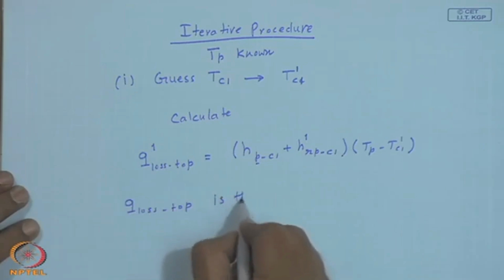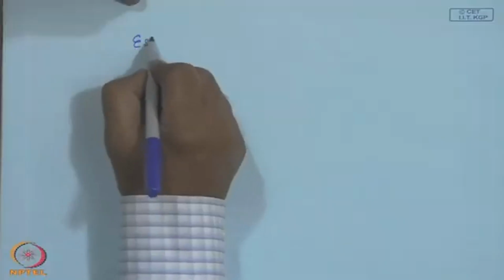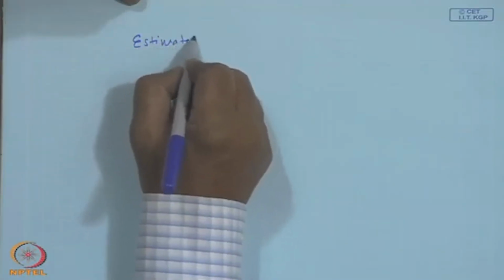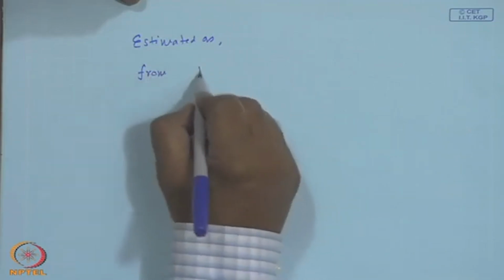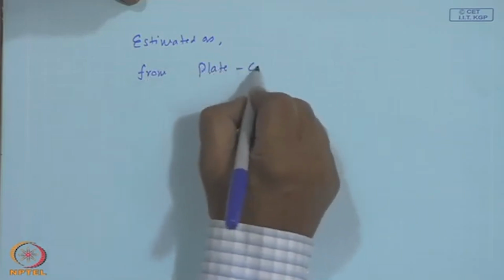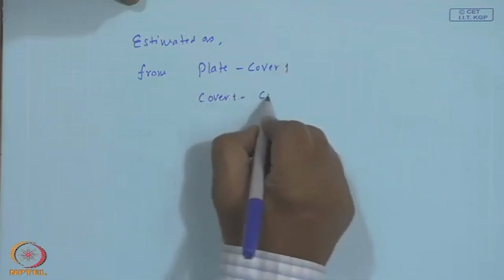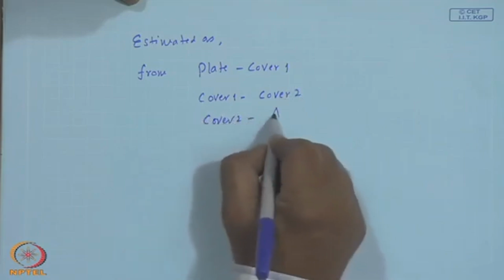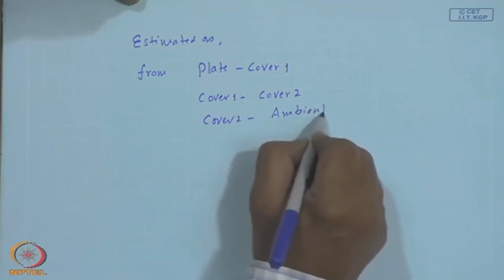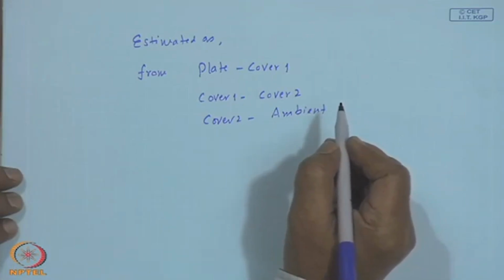it is the same as the heat estimated from plate to cover 1, or cover 1 to cover 2, or cover 2 to ambient, and the sky part, which we have already taken care of in defining the radiative heat transfer coefficient.